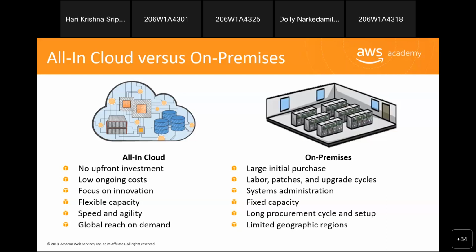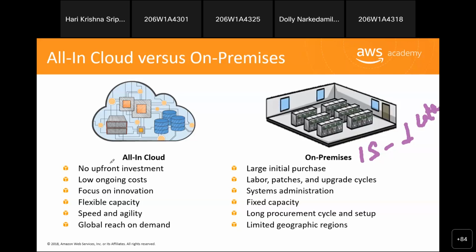Okay, then very important is on premises. What challenges will we have on premises? What are the challenges if you are maintaining your servers by yourself? So, large initial purchase. Buying one server equals 1 lakh, so if you want to maintain 100 servers, you need to invest 1 crore rupees.